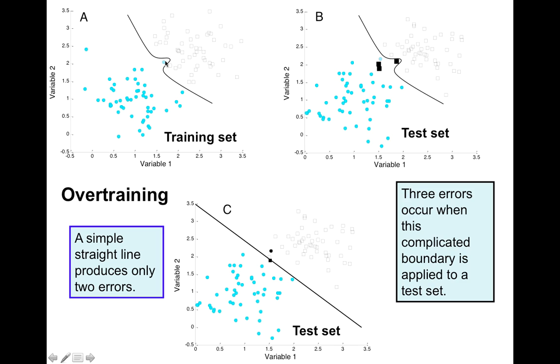Okay, here's our training set. And if we use this complicated boundary, then we take our testing set and we can see that on our testing set, we actually have a number of errors, because obviously your testing set and your training set are not the same set of data. Once again, the Alzheimer's disease example is an excellent one because Alzheimer's actually occurs over a range.